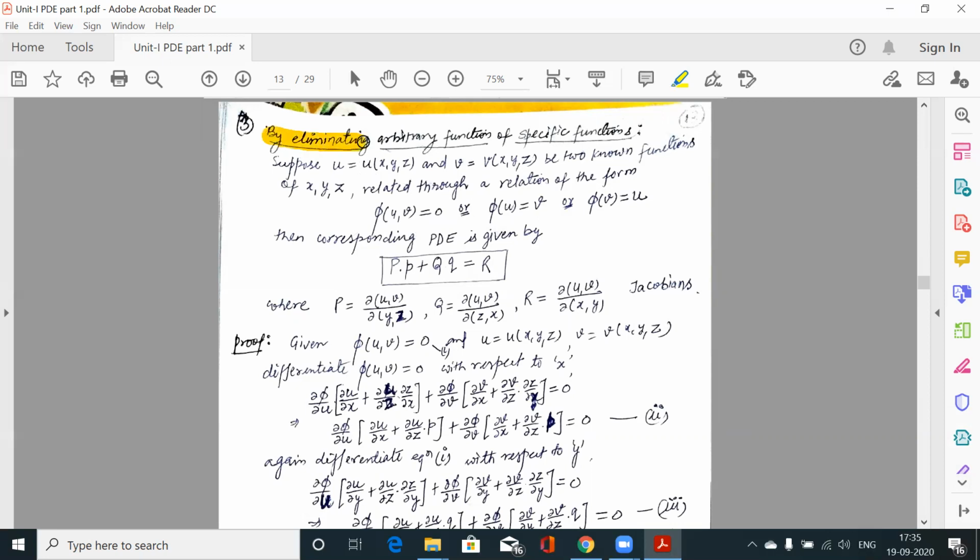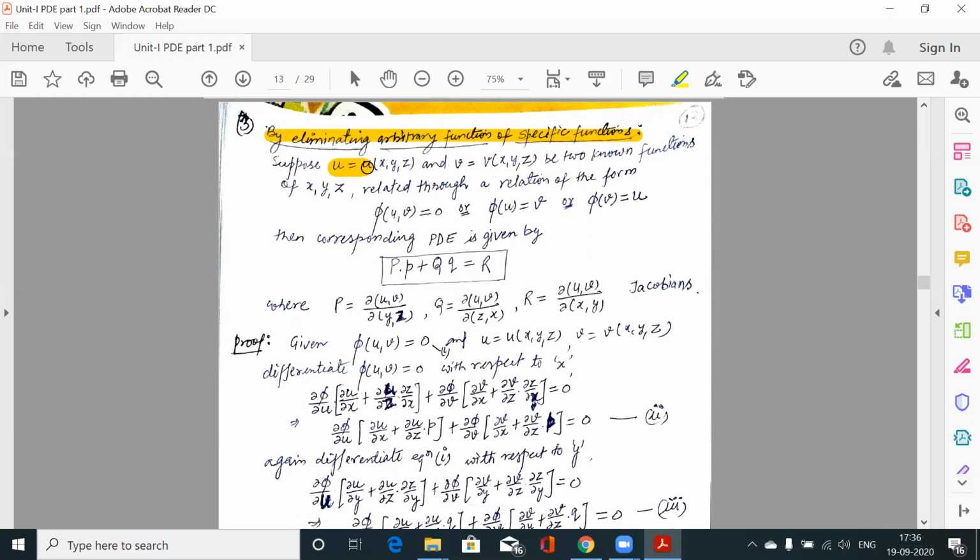So, by eliminating arbitrary functions of specific forms, in previous forms of questions we were given questions with one or two or three arbitrary functions. Now suppose the question is given to you in a particular form, and what is that form?